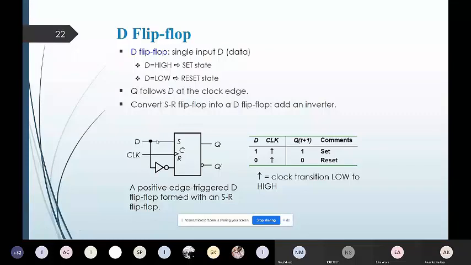And that's why you are seeing here that the D input has got connected to S, and here the D input has got inverted, and that inverted input we are connecting to the R input of this SR flip-flop. Because we are saying that in D flip-flop, always the Q state or Q output is going to follow the D input with respect to the clock edge.